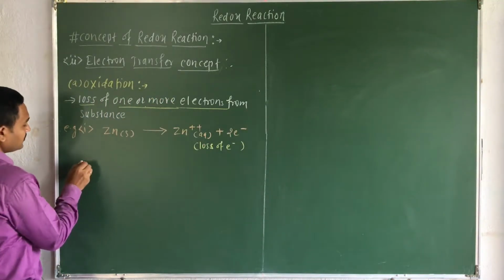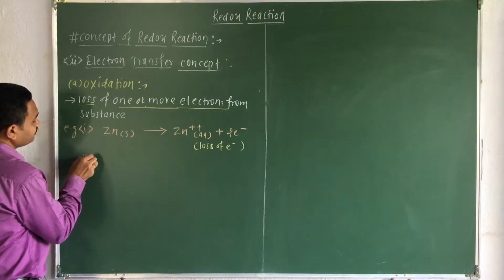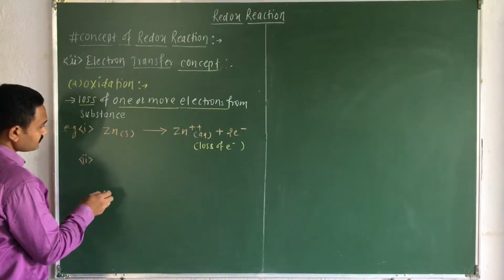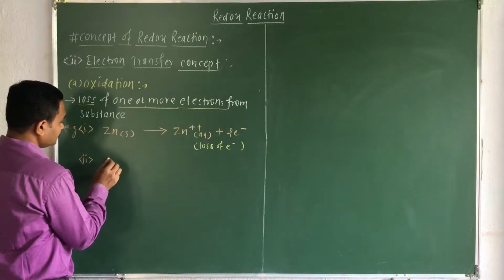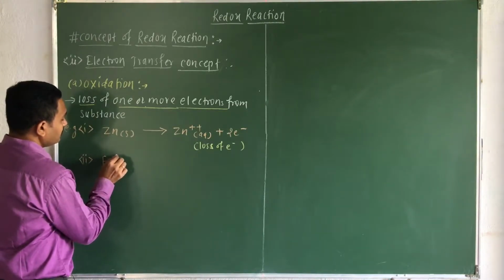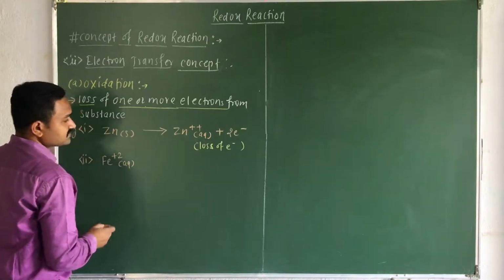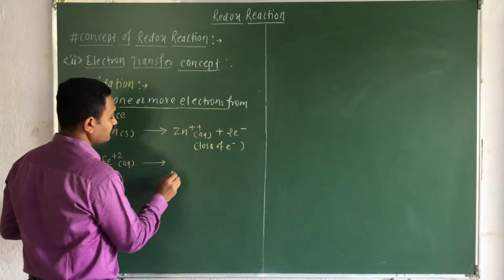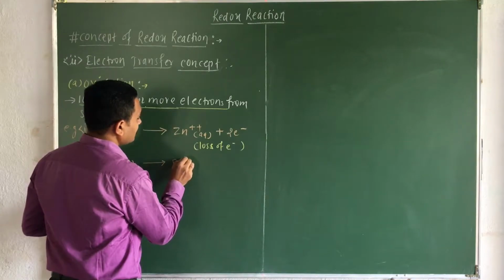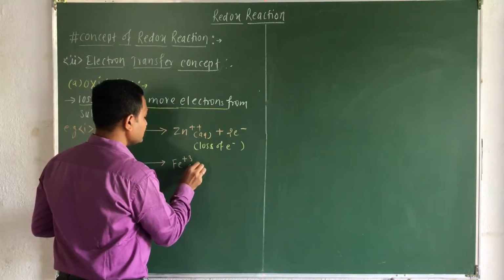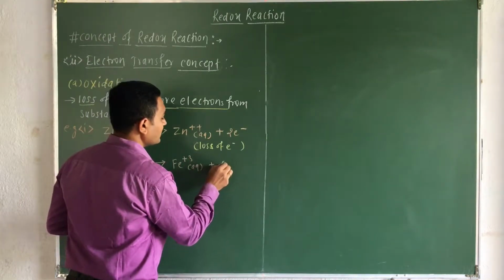Now the next example: Fe 2+ ion aqueous gives Fe 3+ aqueous plus 1 electron.